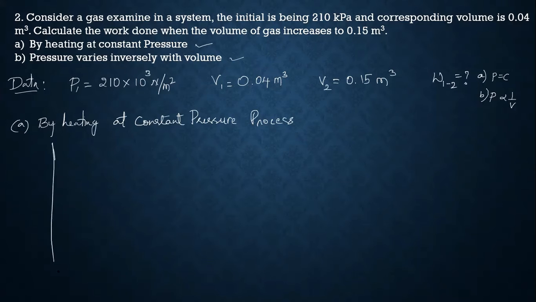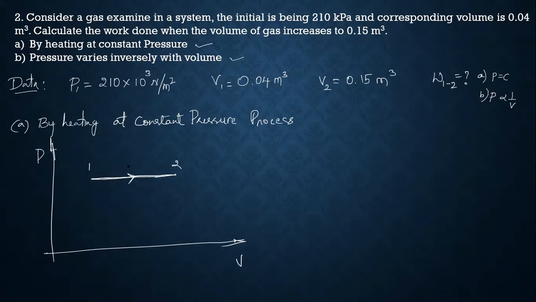Let's write the PV diagram. Constant pressure process. It's a horizontal line. This is constant pressure heating, that is expansion 1 to 2. This is the heating process.